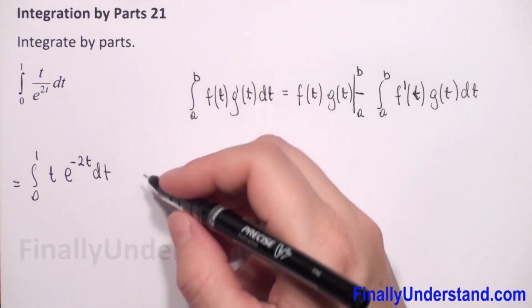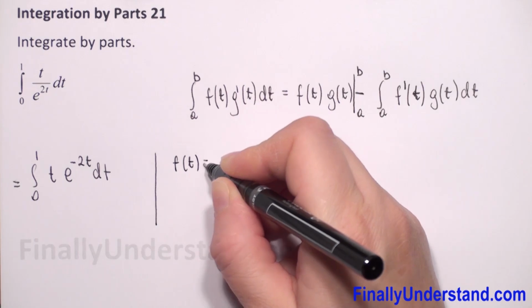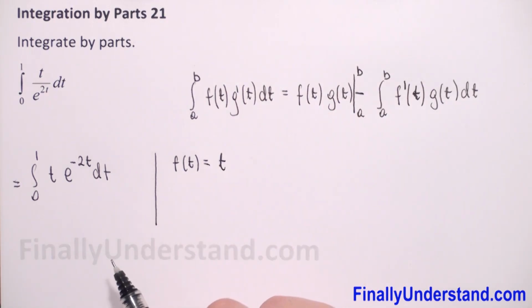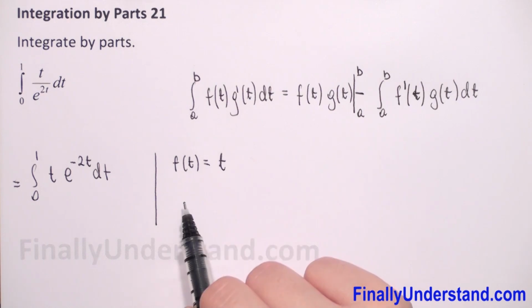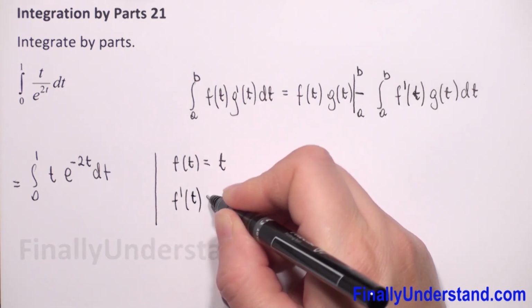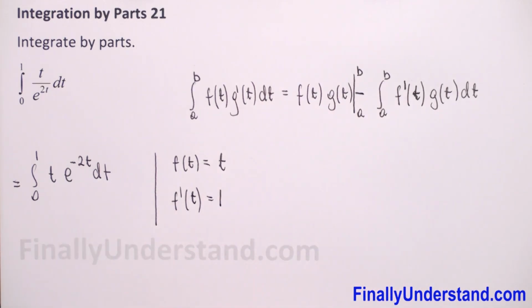Next, we just put that our f of t is equal t. Why I put f of t equals t? Because now when we take derivative of f, we will get just 1. We reduce our t from our expression.